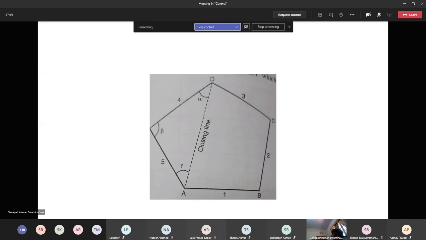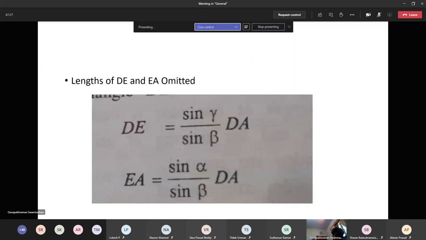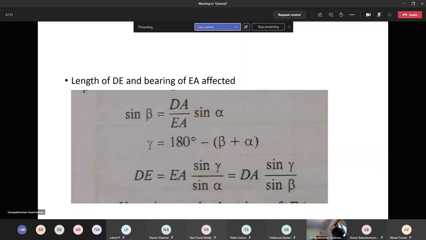Right? Yes, sir. The lengths of DE and EA are omitted.